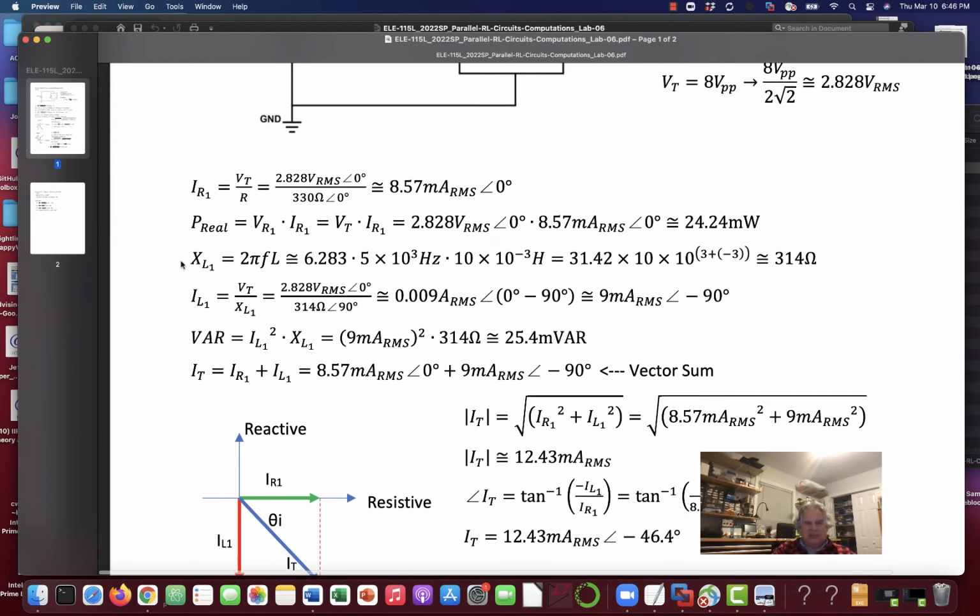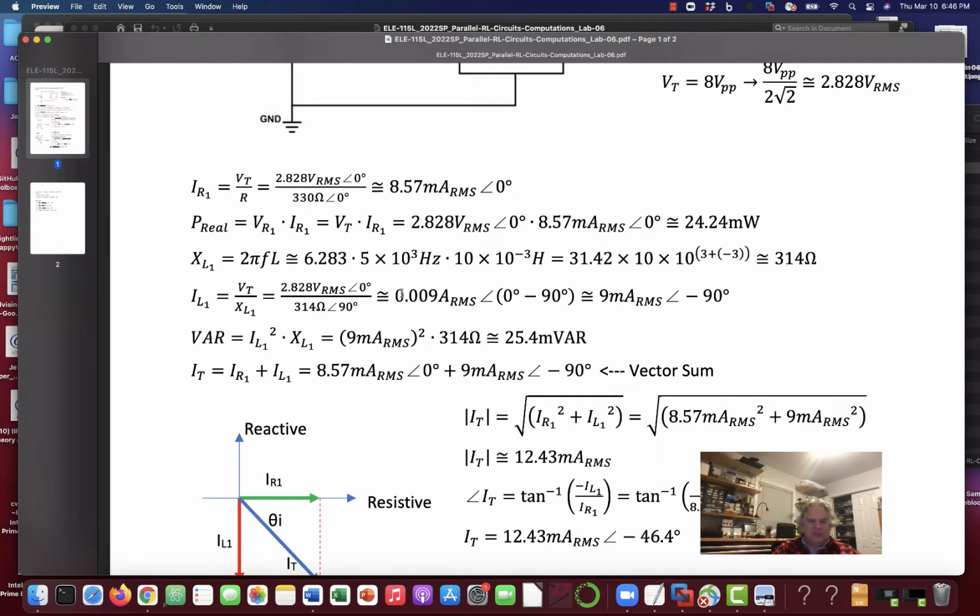So let's look at the current through this inductor. Once again, this could be VL1, but we know that VL1 is the same as VR is the same as VT. So VT over XL1 is 2.828 volts RMS at 0 divided by 314 ohms at plus 90.